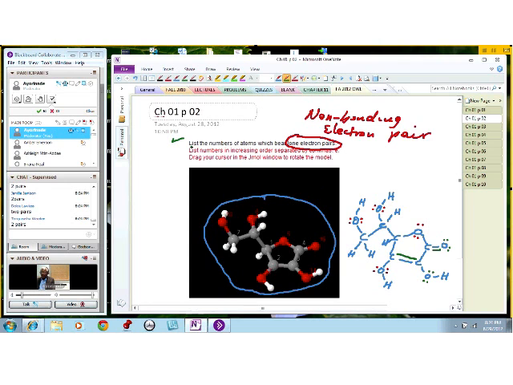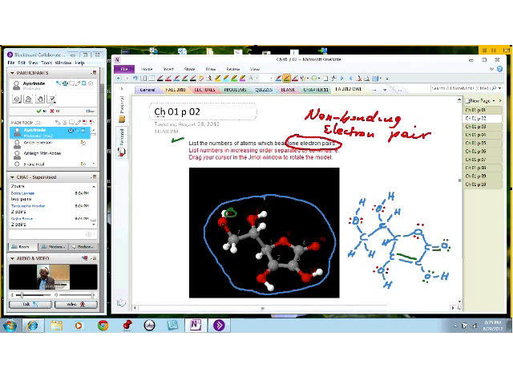They ask you to list the number of atoms. In other words, identify those atoms that have non-bonding pairs of electrons. So in this case, it is this oxygen, which is number 10, according to what they have here.